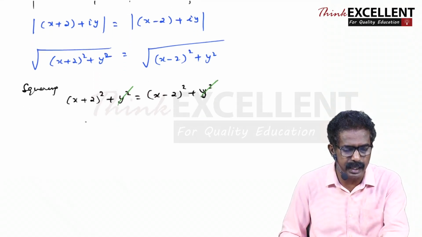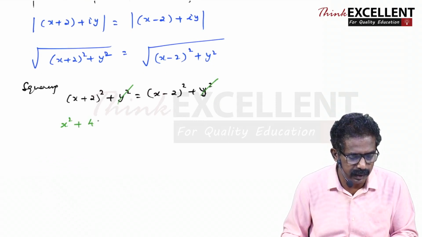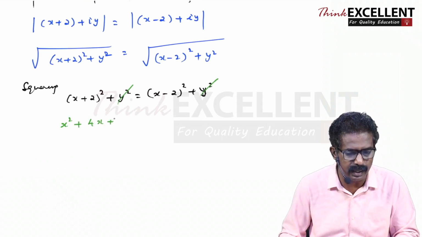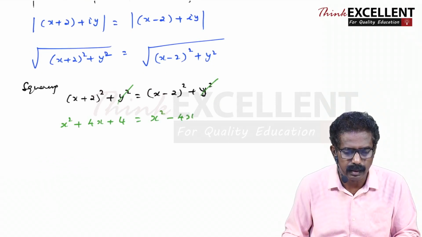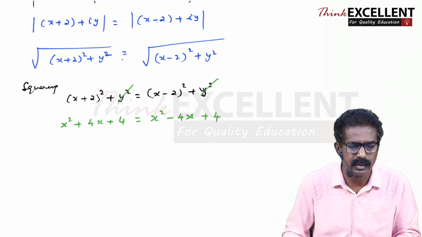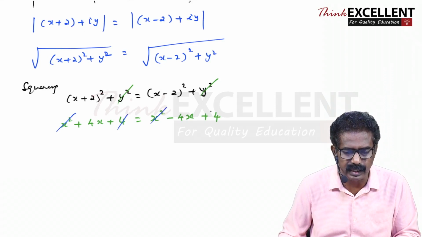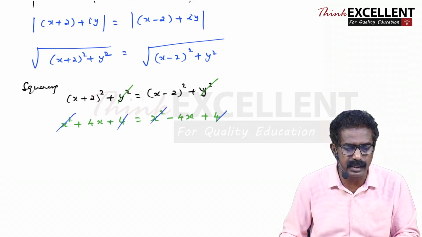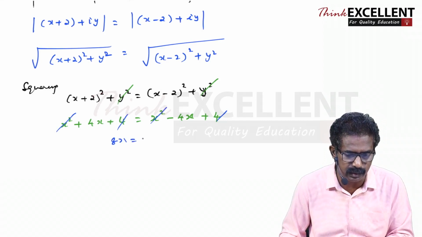Now we expand it: (a plus b) the whole square, a square plus 2ab plus b square. Here a square minus 2ab plus b square, right? Both the sides you can cancel x square plus 4. Bring 4x here, minus 4x bring to the left side, 4x plus 4x it is 8x equal to 0. So that means x is equal to 0.